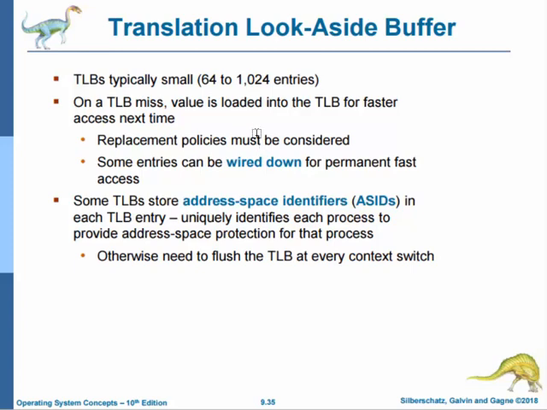So we can see in this development an example of the evolution of CPU technology, where systems have evolved from having no TLBs to having multiple levels of TLBs, just as they have multiple levels of cache. In some cases, some TLBs store address space identifiers, or ASIDs, in each TLB entry, and it uniquely identifies each process to provide address space protection for that process.